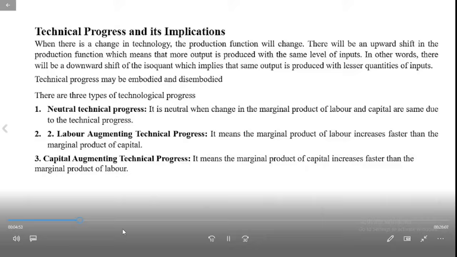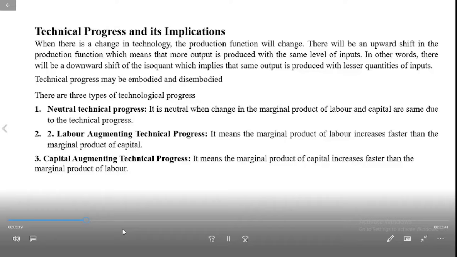The marginal product of labor increases, the marginal product of capital also increases because of the new technology, but both the increase is at the same rate, or there is equal increase in the marginal product of labor and marginal product of capital. That is neutral technical progress.